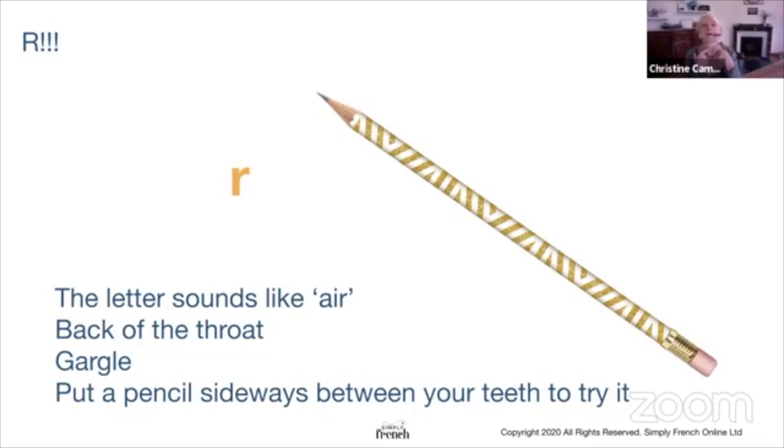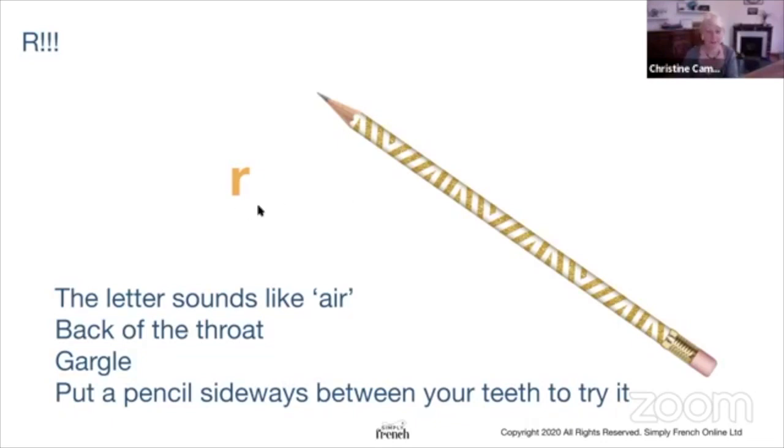R, r, r. By putting the pen there, it stops your tongue coming forwards, because when you say r in English, your lips come forward and they're small, but the French r, your mouth is wider and it's coming from the back. So it's very difficult to say it the English way. So that will guide you slightly towards the back of your throat, that little bit more.